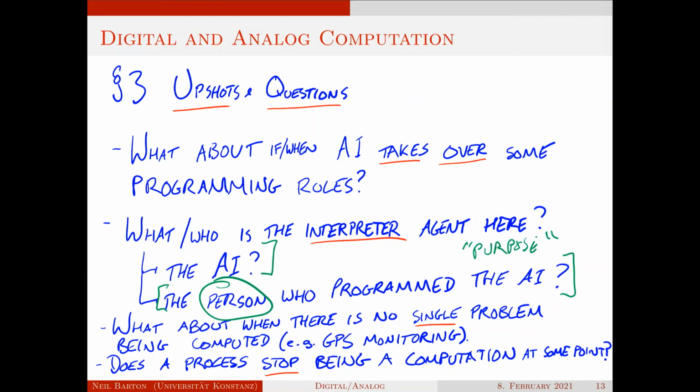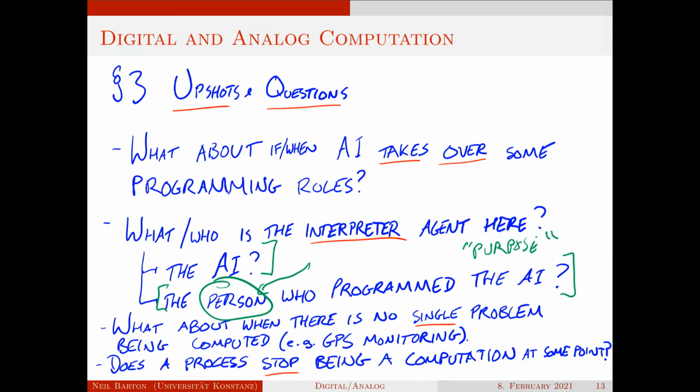It might be that the AI is just designing very, very complicated code that fulfills purposes that the person can't even comprehend. And if that's the case, then it's really weird to assert that this person is the interpreter when they potentially can't even understand what's going on.